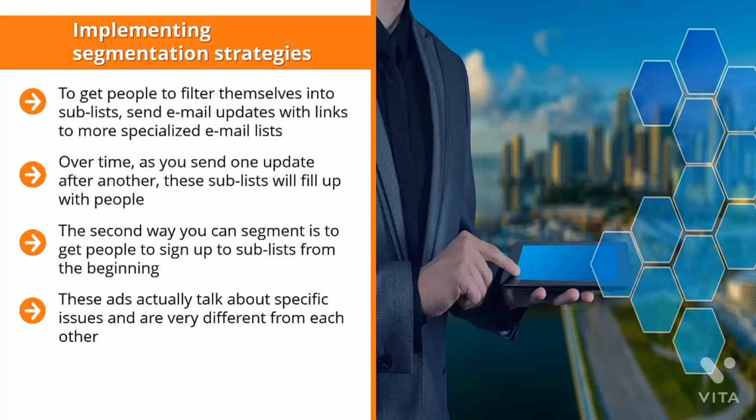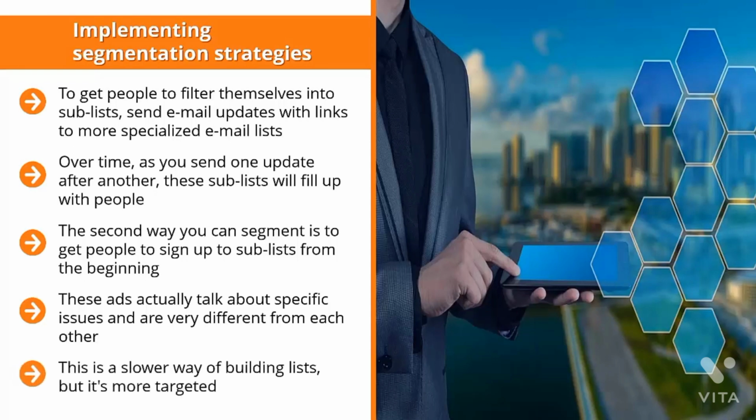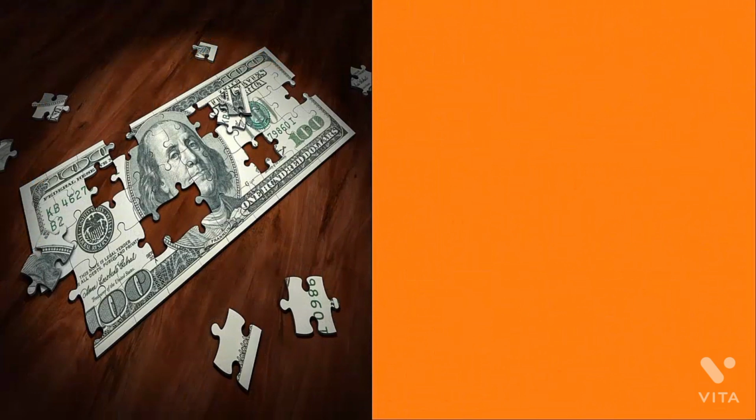They also only offer incentives that address tightly defined specific issues. This is a slower way of building lists, but it's more targeted. With everything else being equal, the slow growth rate of your mailing lists can be offset by the higher sales conversions of people signing up to those specialized sublists.